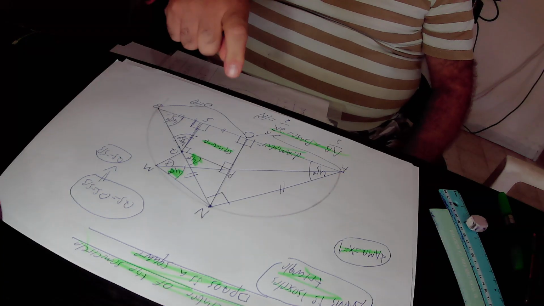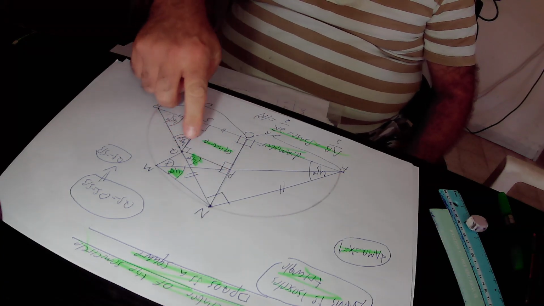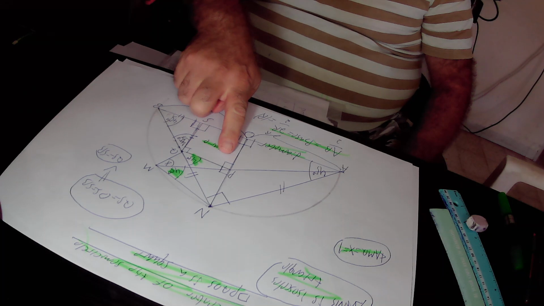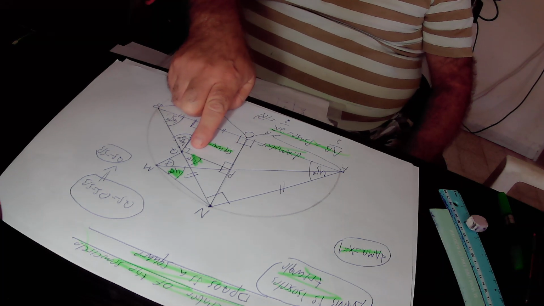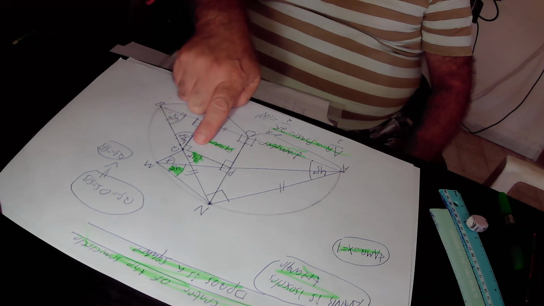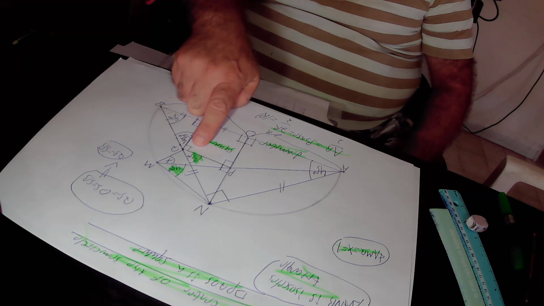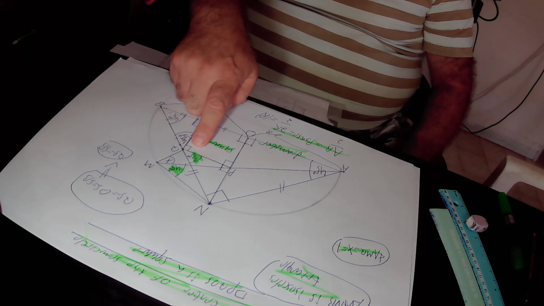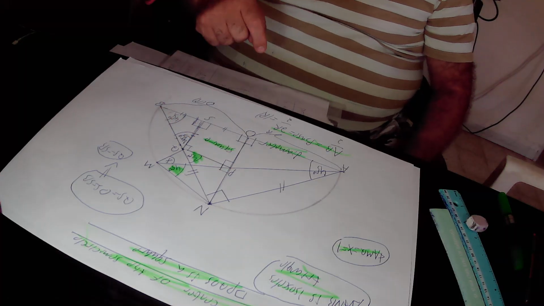So first of all, I'll copy this triangle NQP. This is also angle NQP. In triangle NQP, we have angle NQP, which equals 45 degrees in size, and it subtends on the base NP.